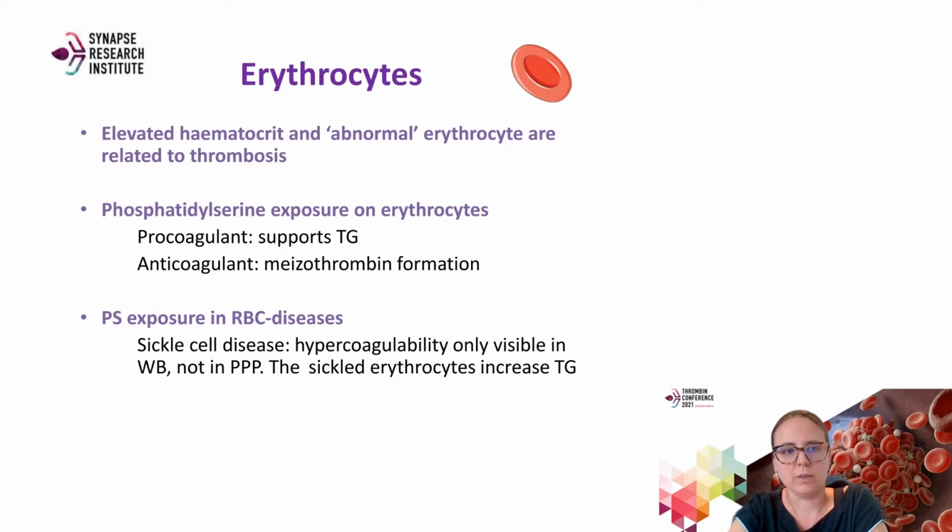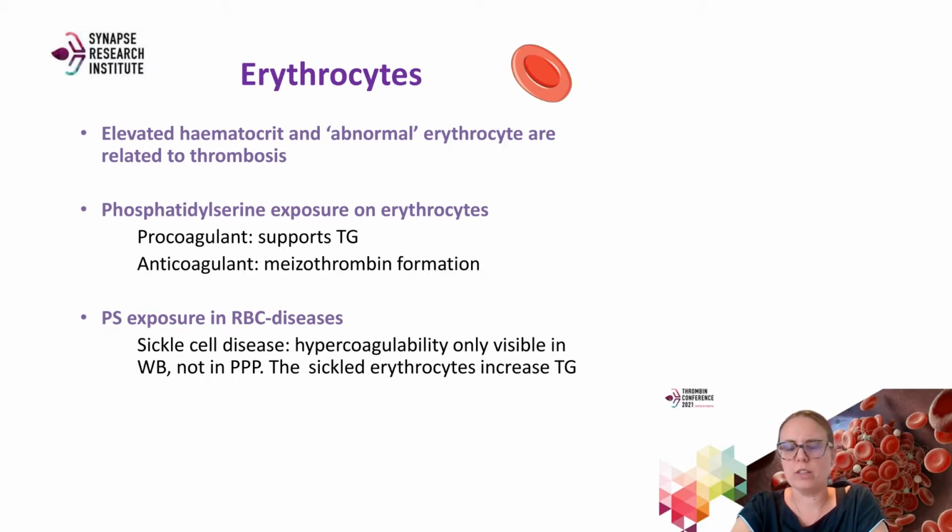It's believed that the risk of thrombosis increases with an increase of hematocrit because there is a subset of erythrocytes which are positive for PS, which express phosphatidylserine on their membrane. It's believed that around 0.5% of erythrocytes are PS positive. And this PS is able to support thrombin generation and hereby increase the peak of TG.